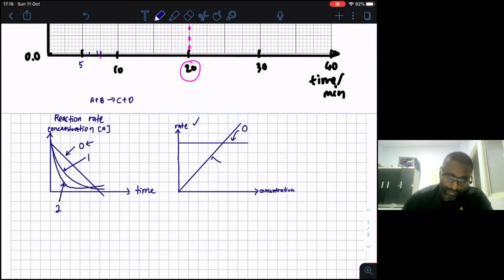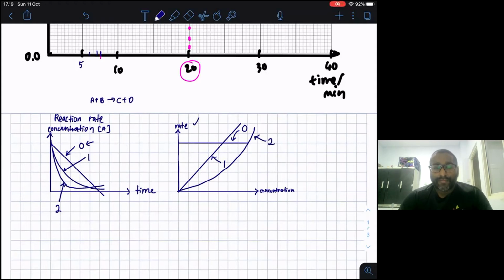This is going to be a first order reaction. And we also have a second order reaction. For the second order reaction, it is going to be something like a quadratic graph. So this is going to be a second order reaction.